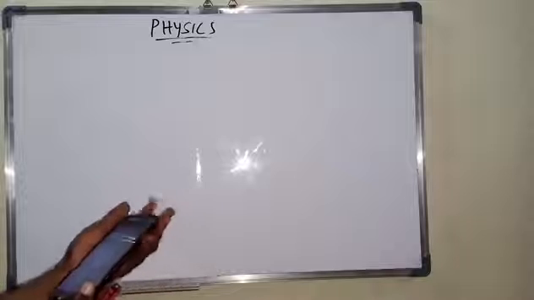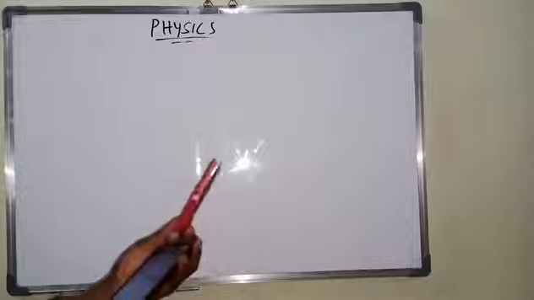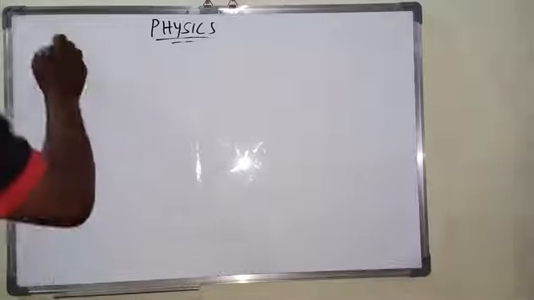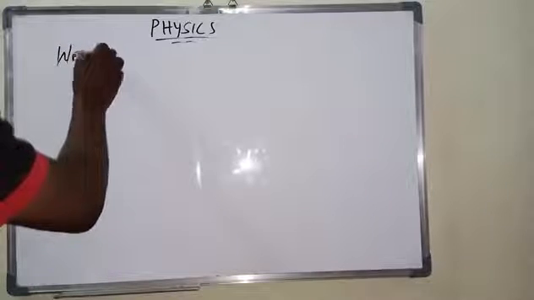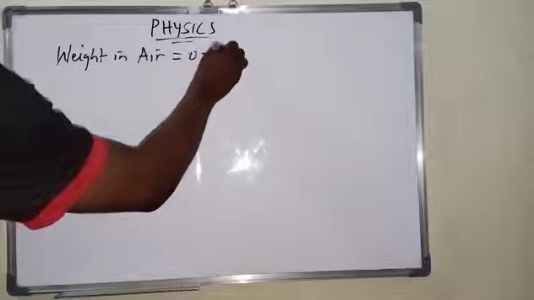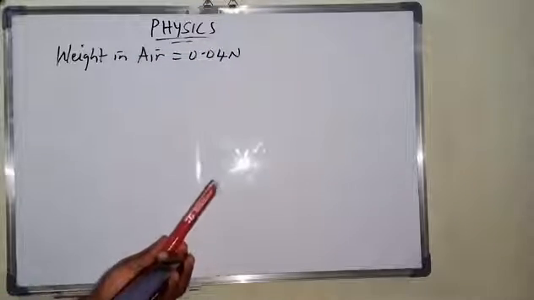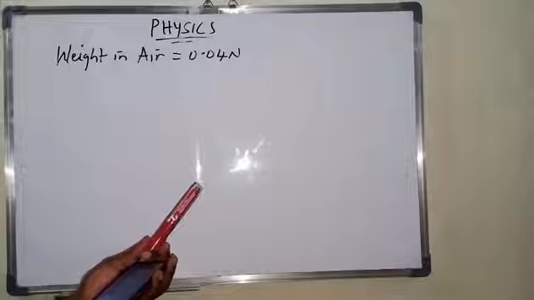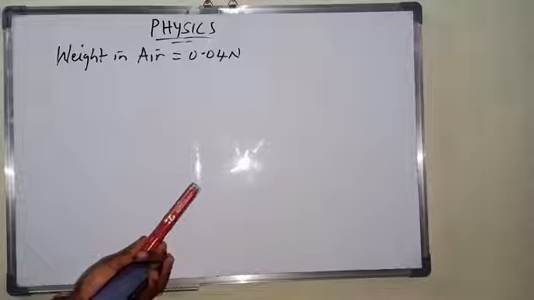question number one, that goes like this: that a solid weighs 0.040 Newton in air and 0.02 Newton when fully immersed in a liquid of density 500 kilogram per meter cube.